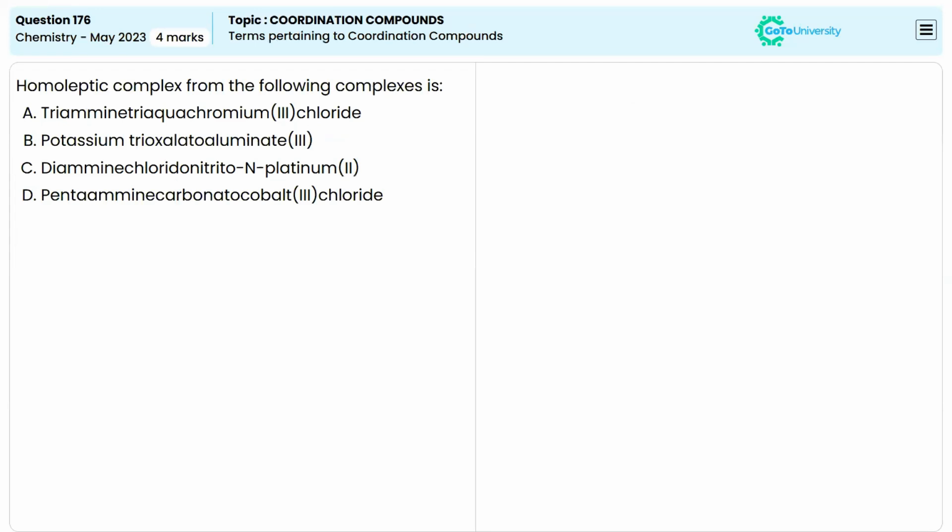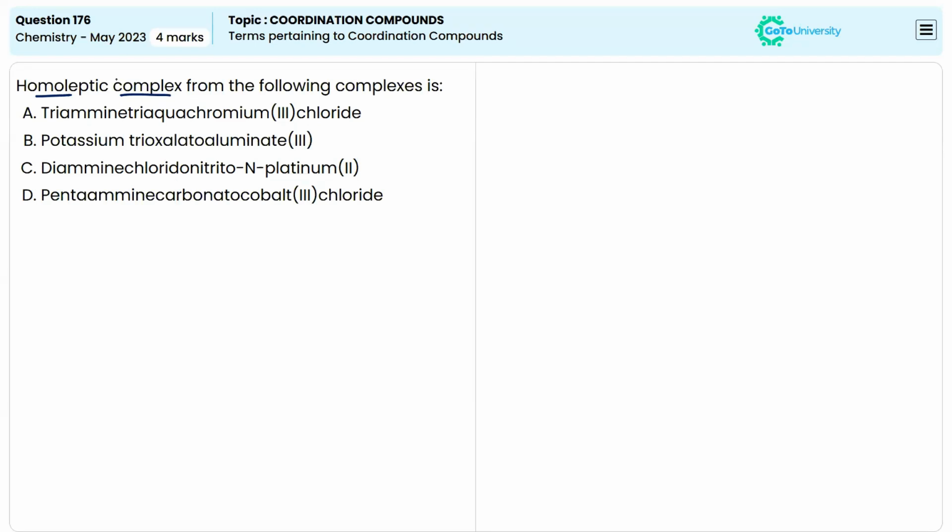Next question. We have different complexes in the options. We have to find out the one which is homoleptic. Homoleptic complex means the complex should contain only one type of ligand, right? So here we have to see which of the following contains the same kind of ligands. If more than one kind of ligand is present, it cannot be considered a homoleptic complex.